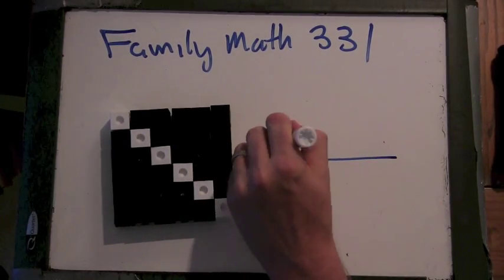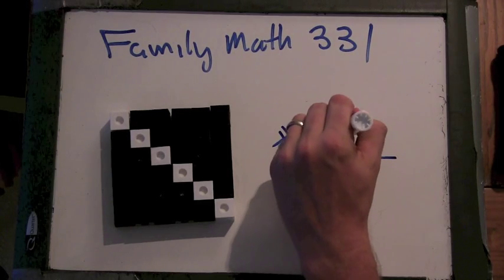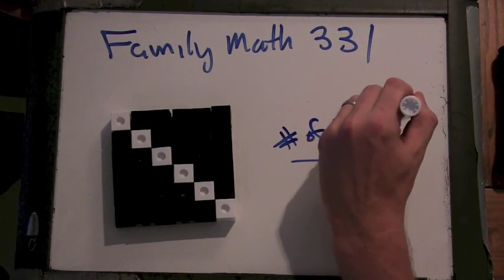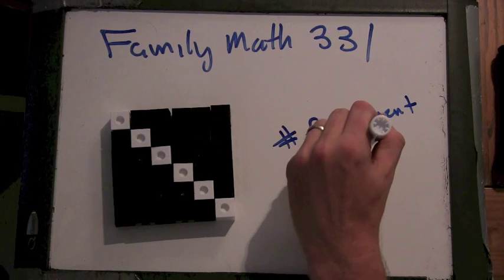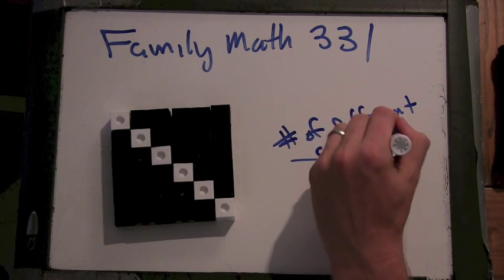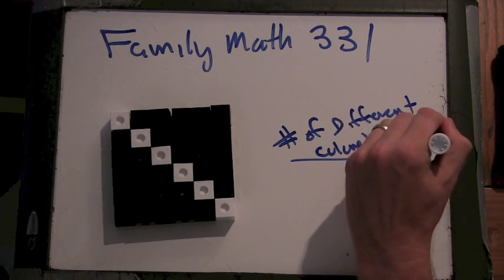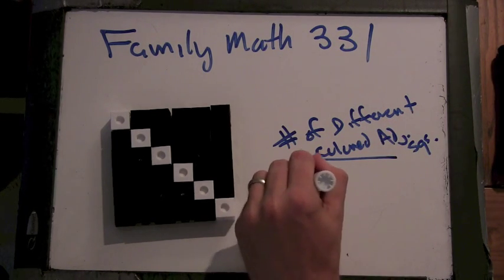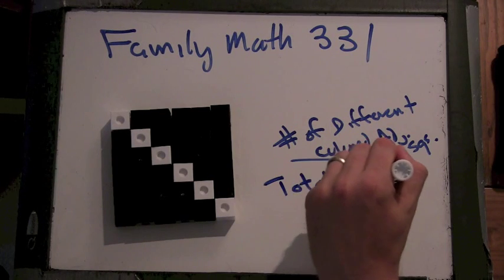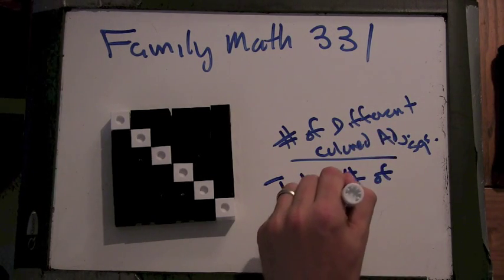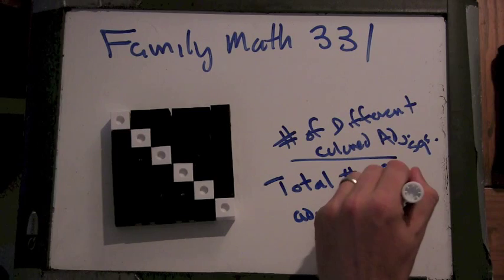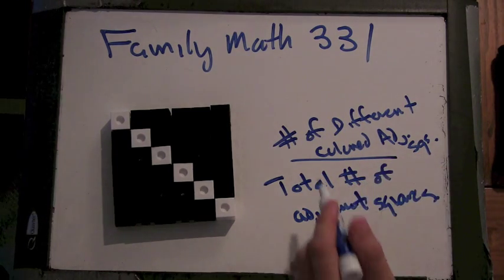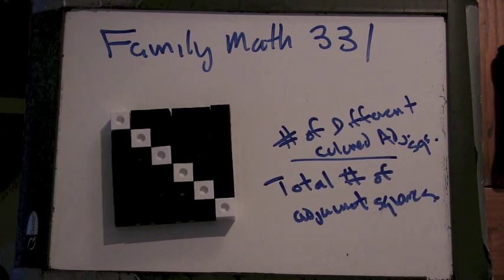We need the number of different colored adjacent squares over the total number. Okay, so we've got to find the total number of different colored adjacent squares and the total number of adjacent squares. Yeah. What do you think?